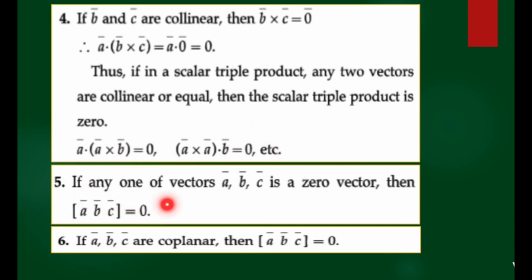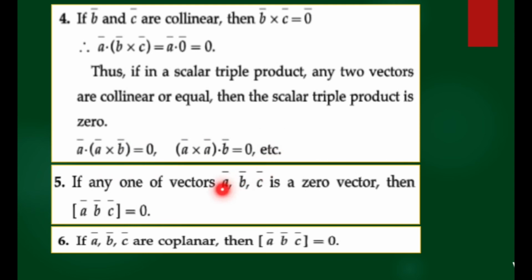If any one of the vectors A bar, B bar, C bar is a 0 vector, then their box product equals 0. That means when a vector is repeated, then their scalar triple product is 0, or when any two vectors are collinear, then their scalar triple product is also 0.